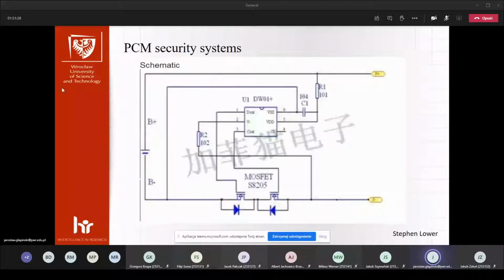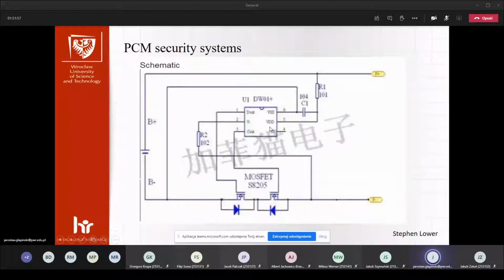So generally we use PCM circuits. This is typical. There are manufacturers that produce such elements. This is the pure cell. This is the battery, and this is the end of the package, because they are usually used in packages.